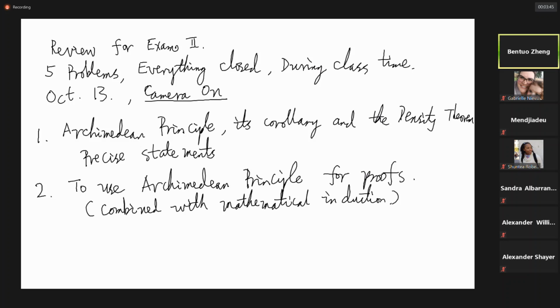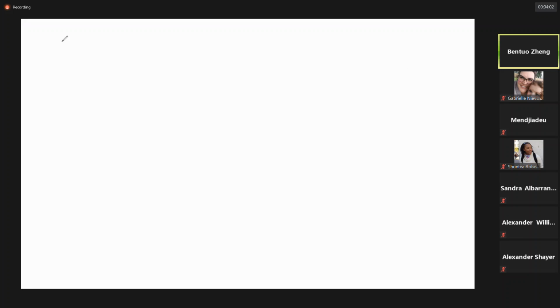All right, so the third one, okay, let me go to the next page. So the third one is the definition of sets and set operations.